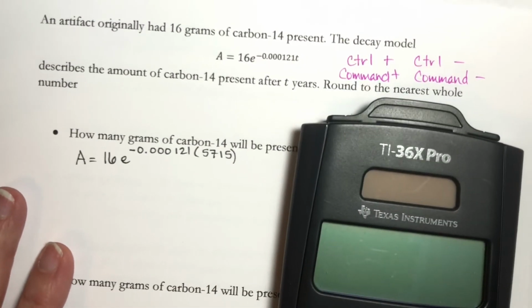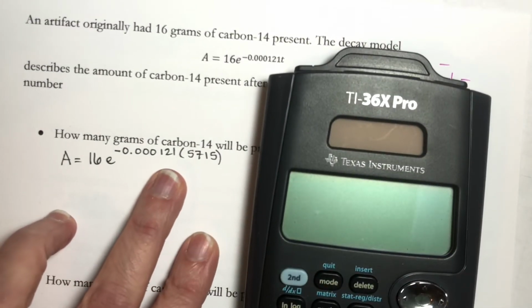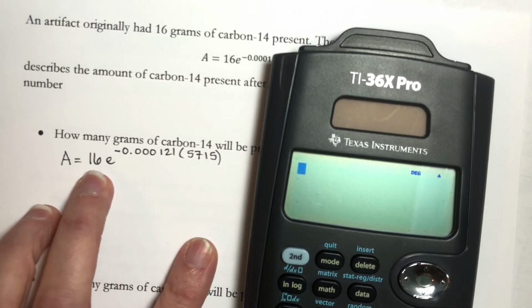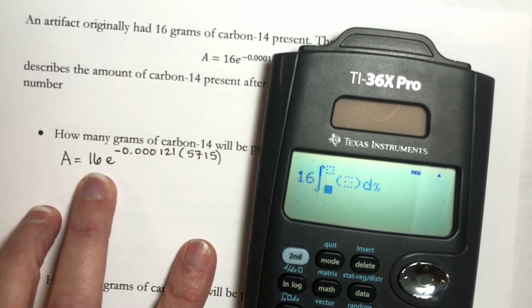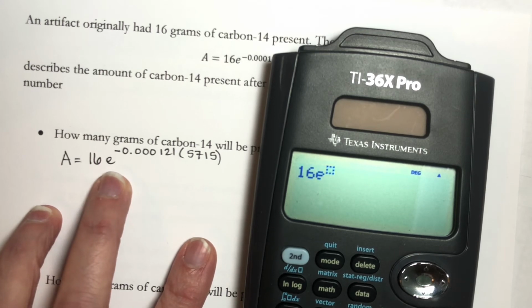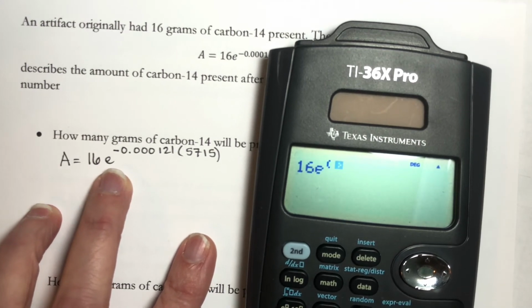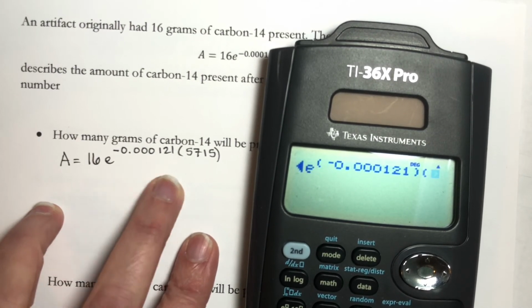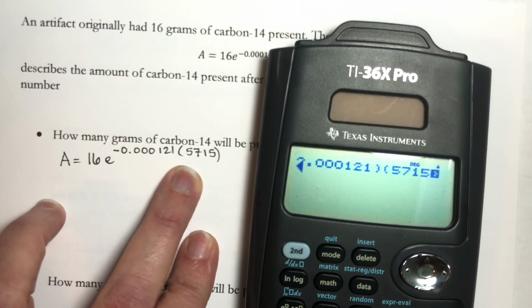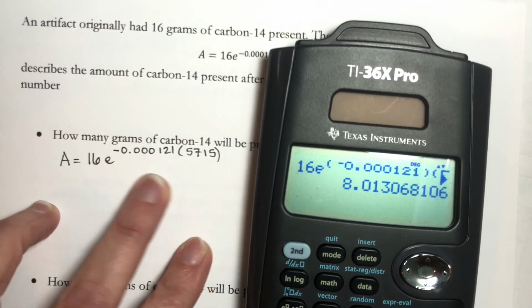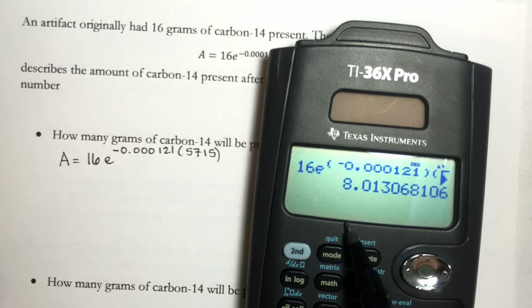Okay, so let's plug this into our calculators, and we're supposed to round to the nearest whole number, right? I have 16e to the, I'm going to put these in parentheses, negative 0.000121 times 5715. Close parentheses, hit enter, and it appears to be about 8 grams.